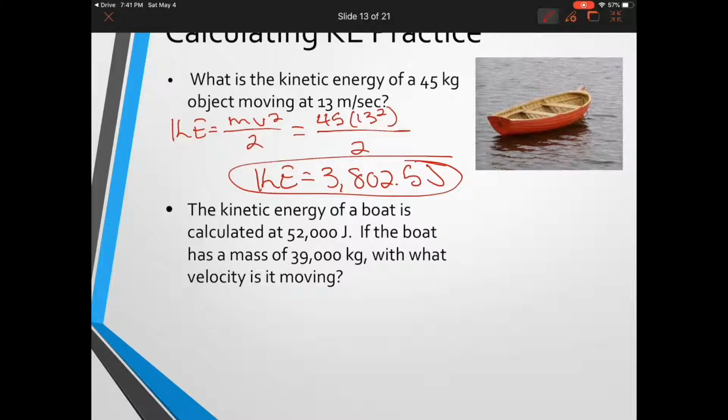So the easiest way to do this problem is to put all the numbers in and rearrange as we go. So our kinetic energy is 52,000. Our mass is 39,000. We don't know our velocity, over 2. Okay, so the first step is to multiply both sides by 2.